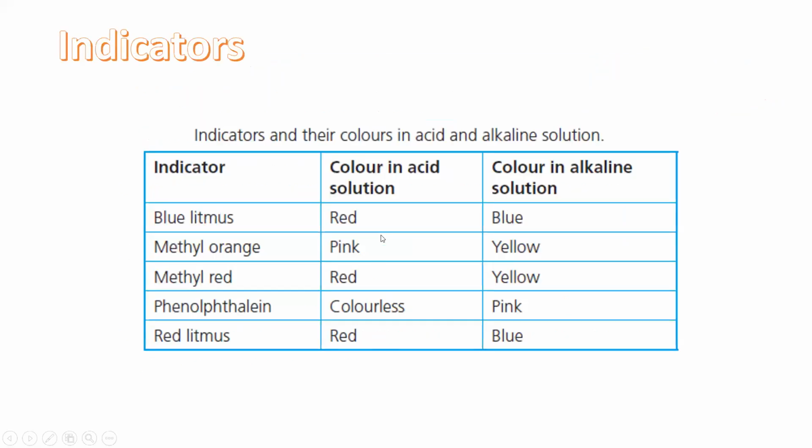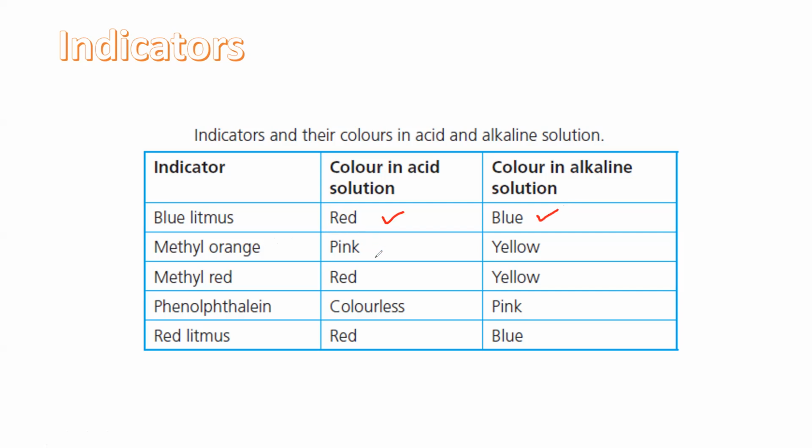Then what are indicators? Indicators are normally solutions which are used to identify the nature of the substance. You have to learn and memorize this table. If you have blue litmus, in acidic solution it is red, but in alkaline solution it is blue. Methyl orange is the name of an indicator; you have to learn the name of the indicator and its color in acidic or alkaline medium.